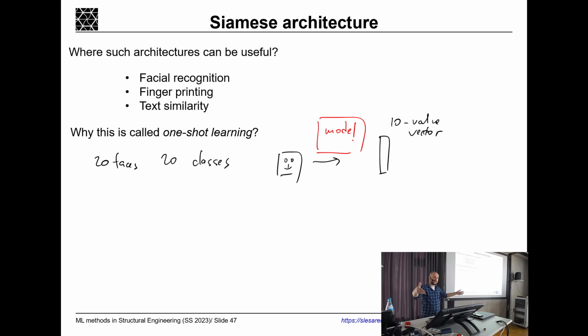We have 20 faces, 20 classes, and I pair randomly, let's say, my face with the face of Naim, and I say, okay, we are in different classes. Then I have maybe 2 images of my face, a profile and a front image, so I do it for my image and my image again.